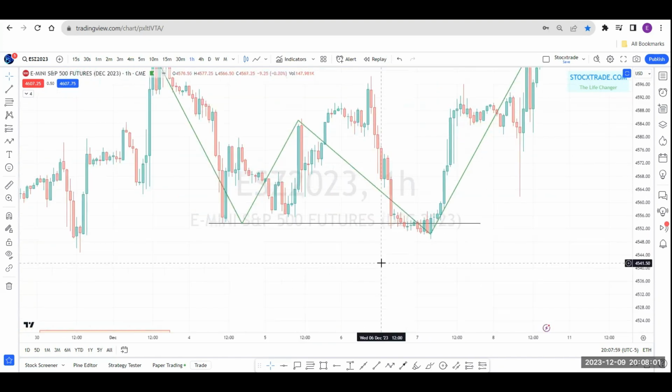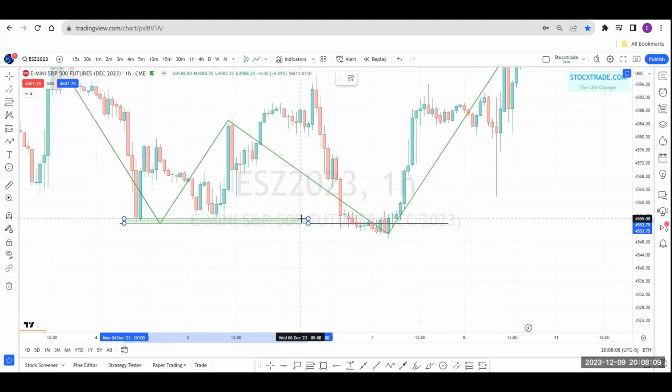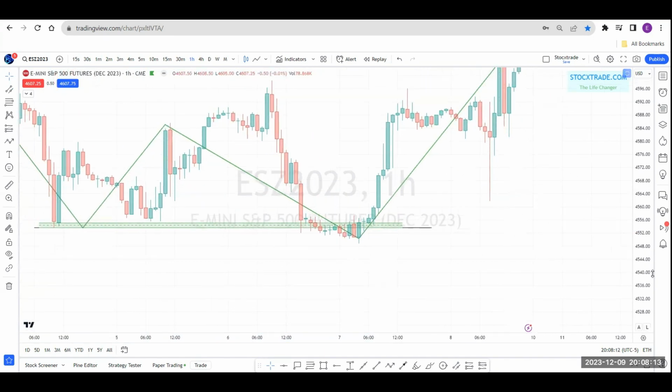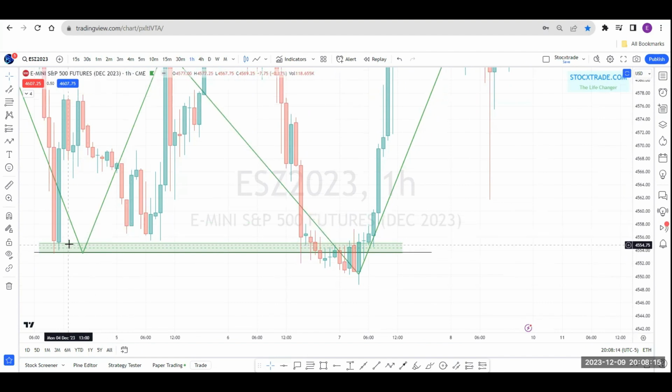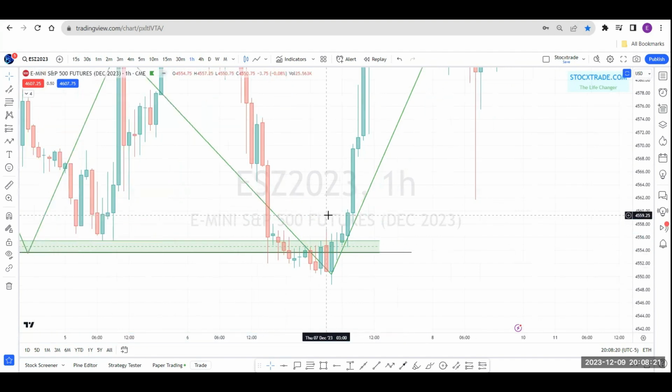What happened here? I'm a retail trader. I know, this is my demand zone because these are the wicks. So I can mark this as the demand zone. There are so many different ways, but I'm just giving you some examples. This is my demand zone. What I will do, I will take my entry here.